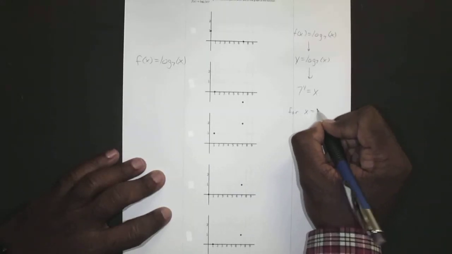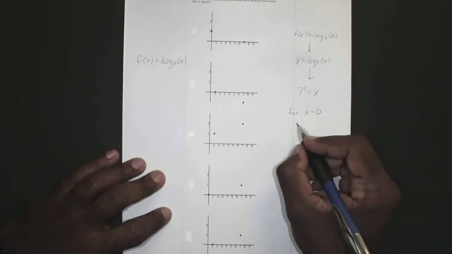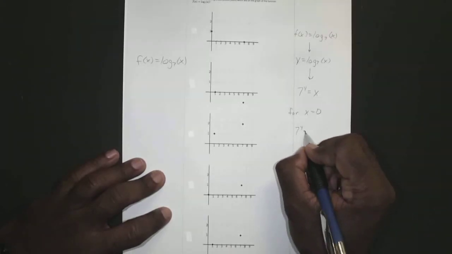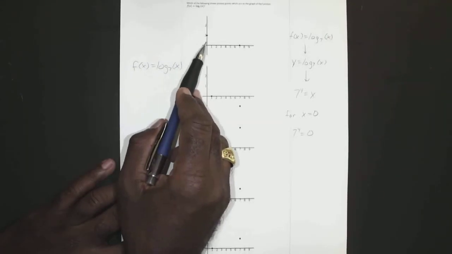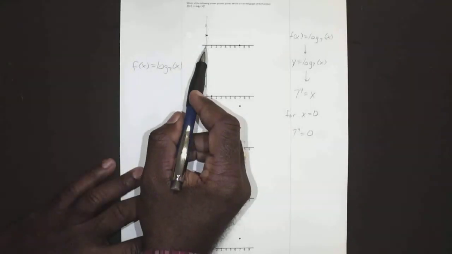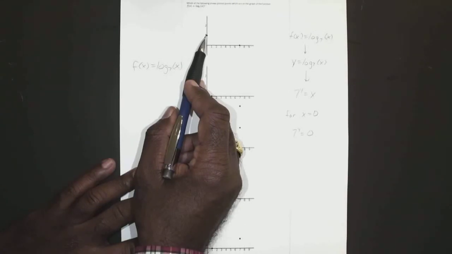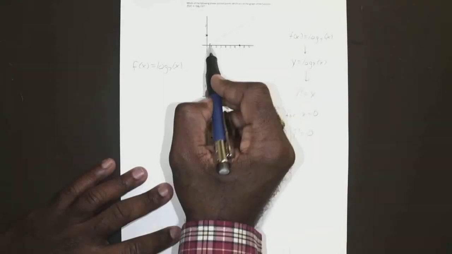Let's say x equals 0. So if x is equal to 0, 7 to the power of y equals 0. You really don't have anything to the power of y that would make that equal 0, so you know automatically that that's not going to be the graph.